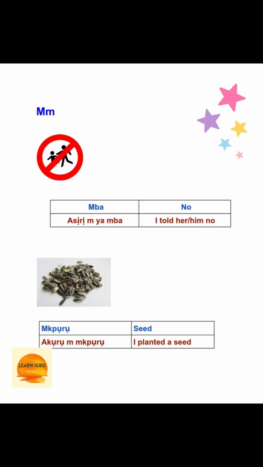Second example. Mkpụrụ. Seed. Used in a phrase or sentence example. Akụrụ m mkpụrụ. I planted a seed.